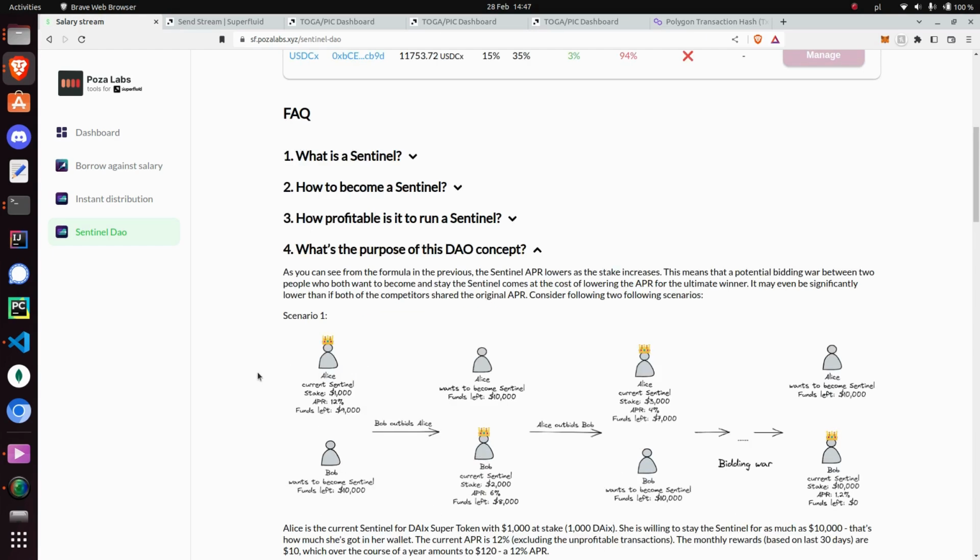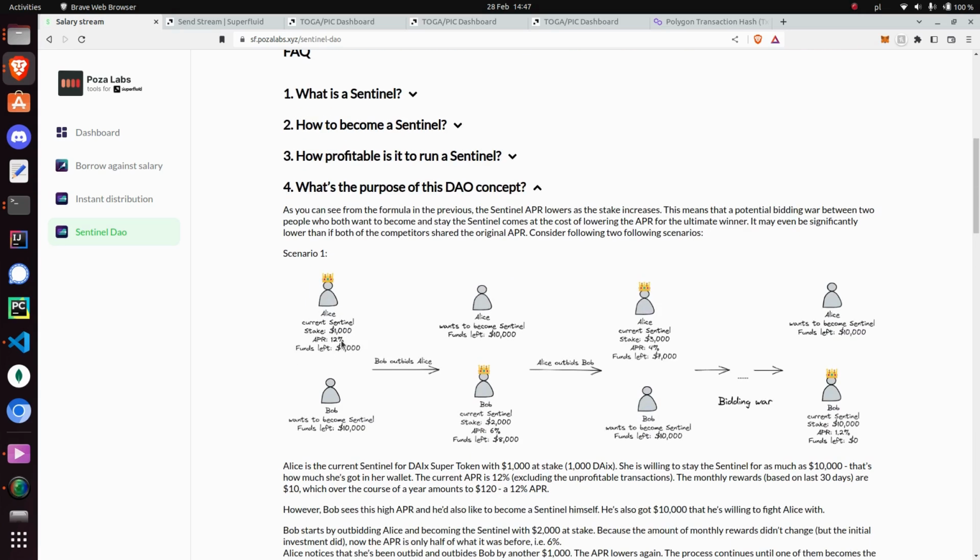And she's still got $9,000 left over that she has at her disposal. And then you've got Bob that also wants to become the Sentinel, and he's got $10,000 as well. So Bob goes ahead and outbids Alice, and now he is the Sentinel, and the stake that he's put out had to be bigger than 1,000, so he decided to put out $2,000.